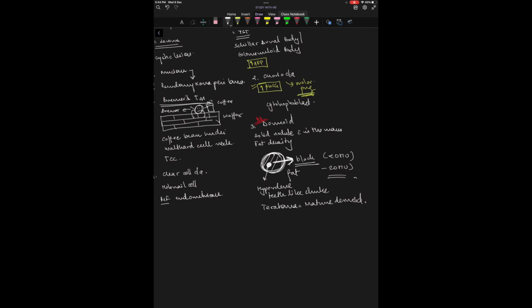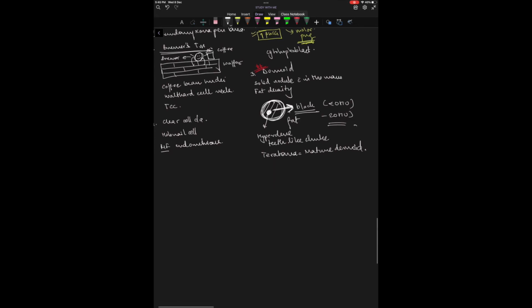Also on MR, how will this appear? On MR, in T1 fat suppressed image, we will see again a blackish cystic lesion.